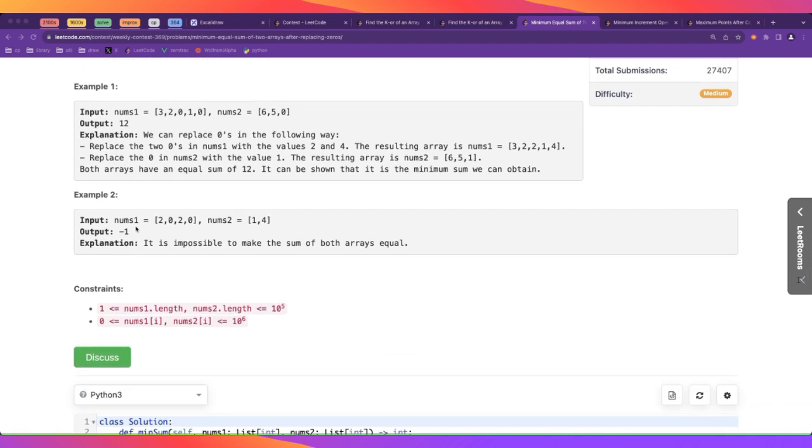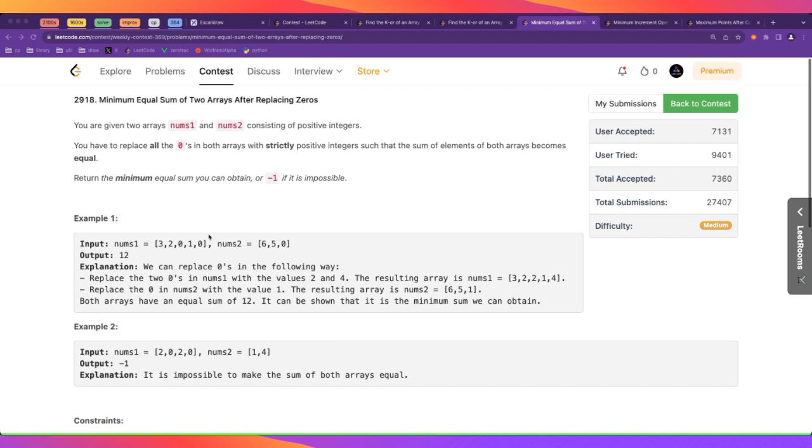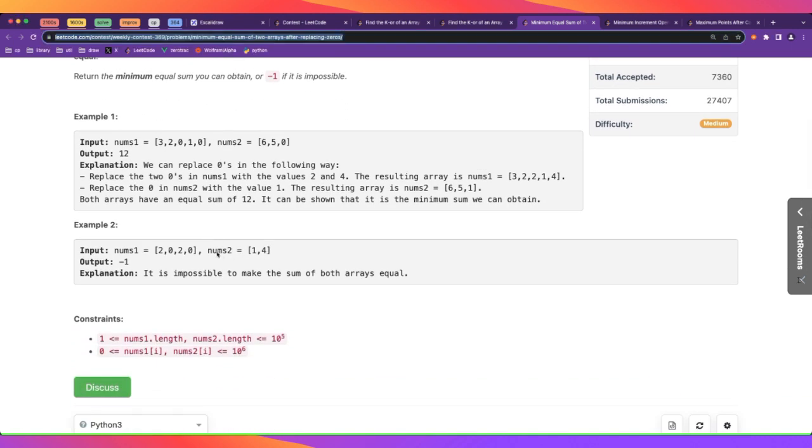And we get 2 examples. They have up to 10 to the 5 elements, and the values are up to 10 to the 6 and non-negative. So in example 2, there are no zeros in nums2, so the sum can only be 5.